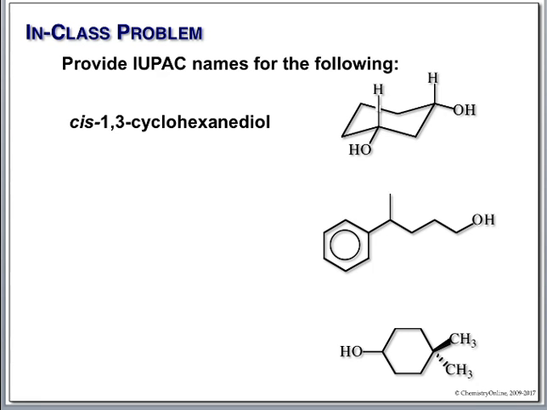And then as far as substituents go, out here in carbon 1, 2, 3, 4, we have a phenyl group. So putting this together, 4-phenyl-1-pentanol.